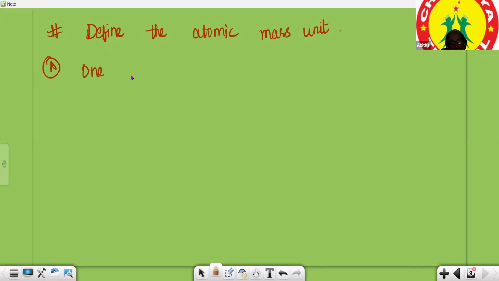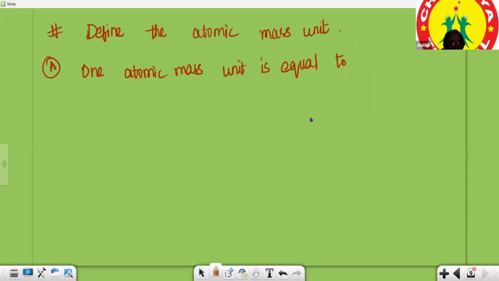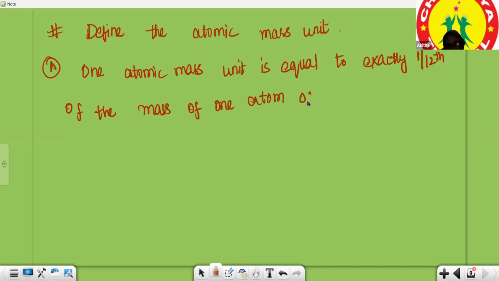So one atomic mass unit is equal to exactly 1/12 of the mass of one atom of carbon 12 isotope.